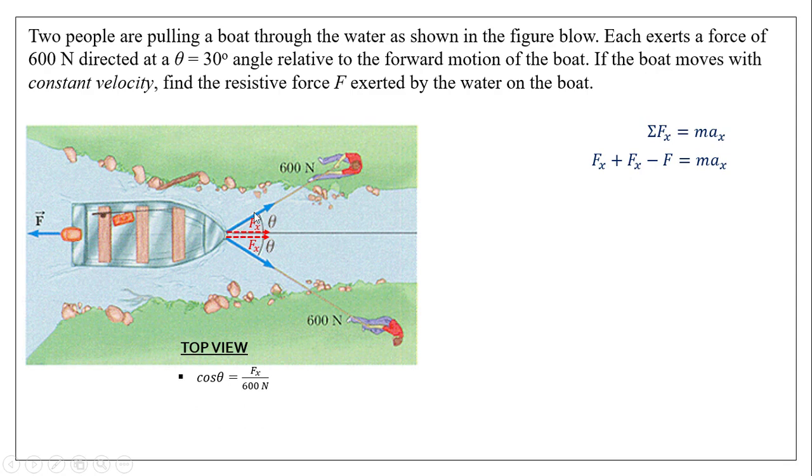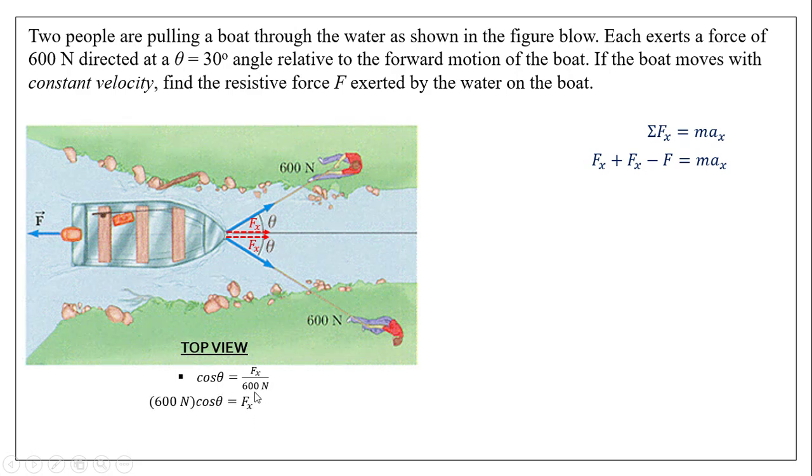It says each of the persons is pulling with 600 newtons, so I can find Fx by simply applying cosine. At the bottom of the screen here, I said cosine of theta is equal to adjacent over hypotenuse. Well, Fx is your adjacent relative to this angle that's given because it touches the horizontal axis. And then the hypotenuse in this case would just be the force that's being applied, which is 600 newtons. So to solve for Fx, multiply both sides by 600.